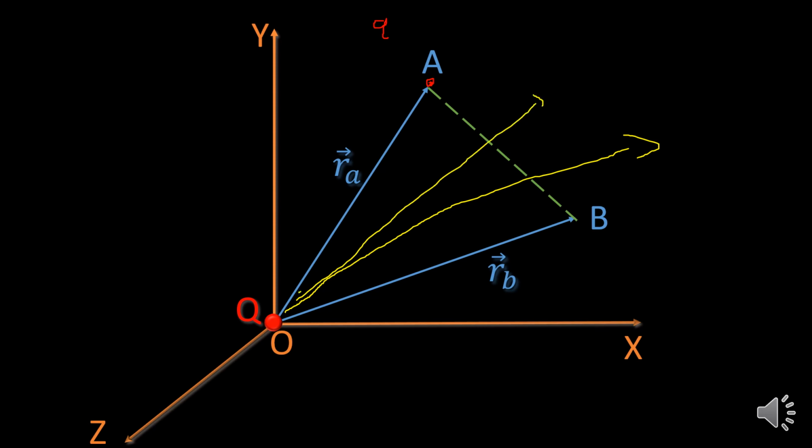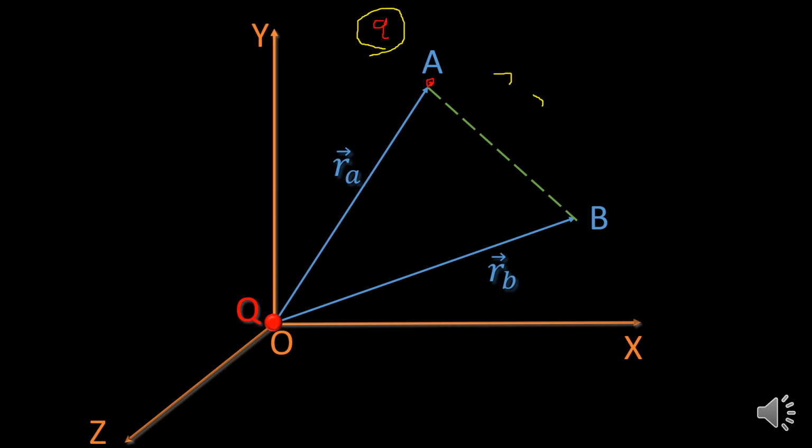Now we know that the electric field is radially outward from our source charge Q. So along the different points of the journey, the direction of the electric field will be changing. So we are moving our charge q in non-uniform electric field. And if the electric field is not uniform, what will we have to do? We choose a small part of the journey, say distance dr, at position vector r.